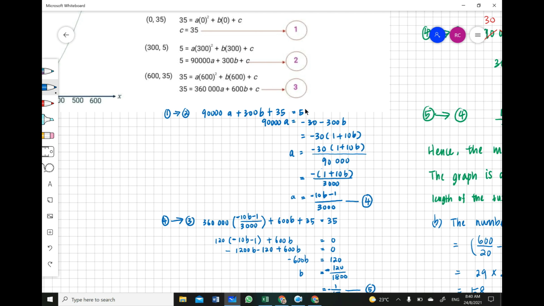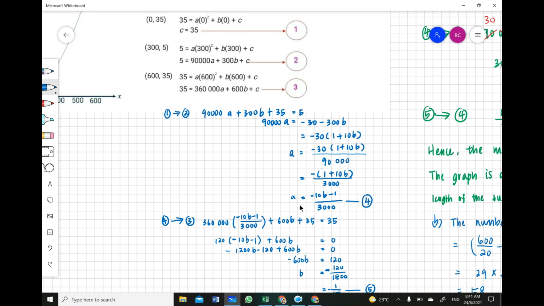Negative 30 because 5 minus 35 gives negative 30. After that, I factorize it, therefore I find the subject a. It is negative 30, and then in bracket 1 plus 10b over 90,000. Then I simplify this with the 90,000, and I get this one.